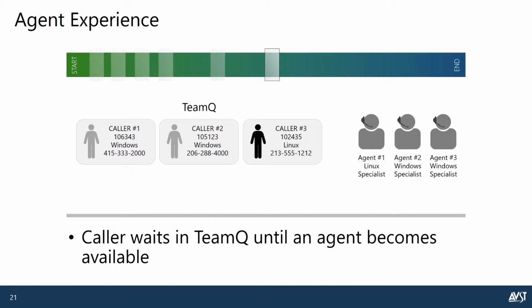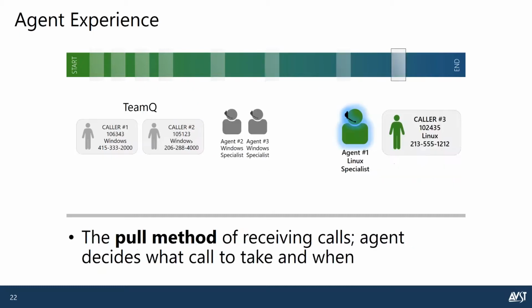So that really gives them the ability to control that queue much more effectively than just a rule that says send out that oldest call. So now this person logs in and they take their call.